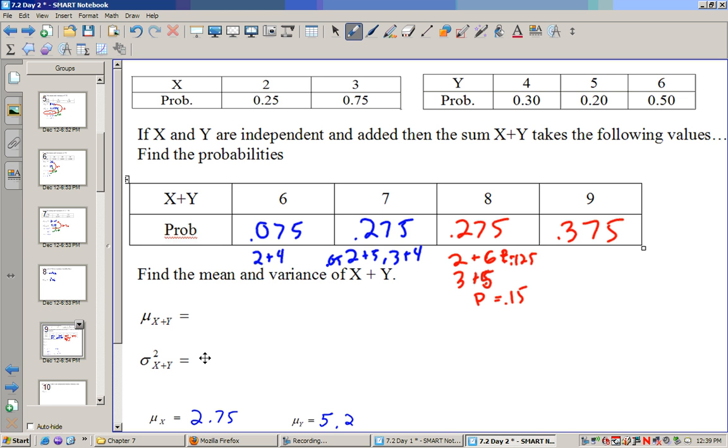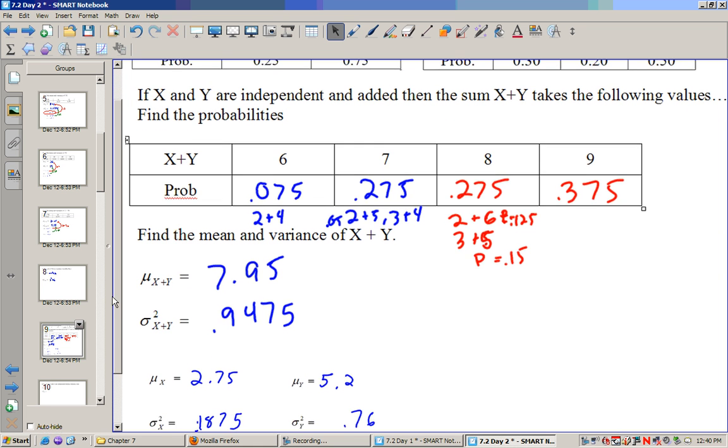Now when I do a one variable stats of L1 and L2, I'll get a mean of 7.95 and a variance of 0.9475, say.